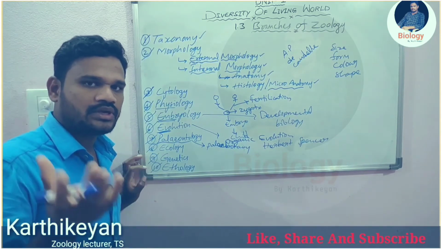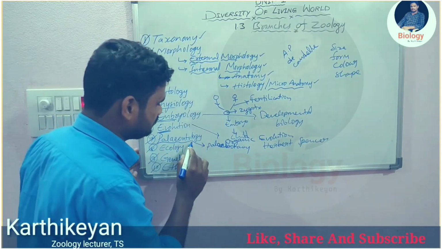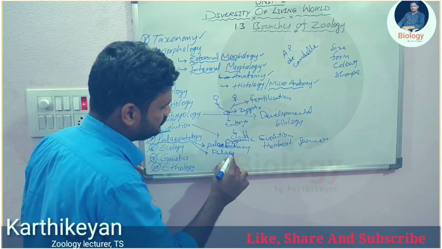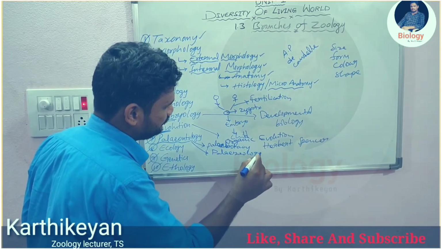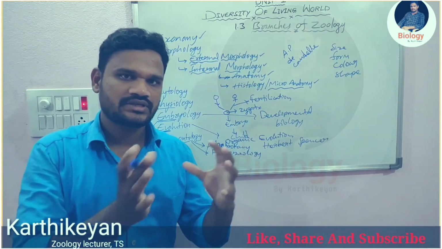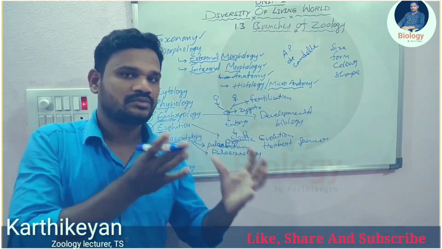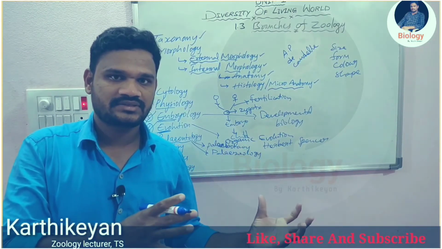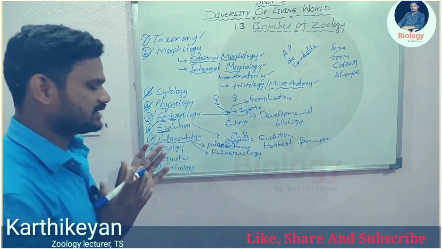If we study about animal ancestors, that branch is known as paleozoology, right? Paleontology means it is the study of ancient animals or ancient plants. If we study about ancient plants, that is paleobotany. If we study about animal ancestors, that is paleozoology, right?